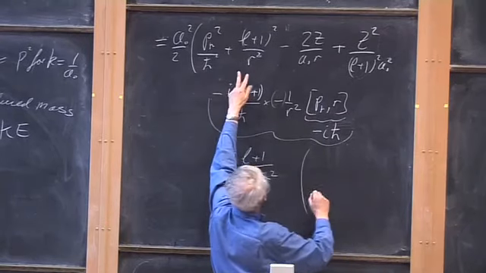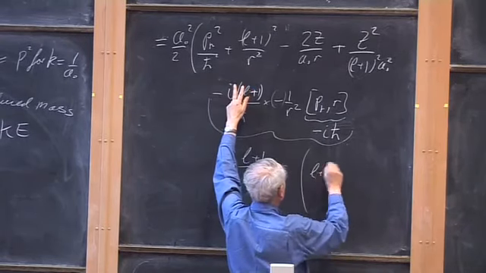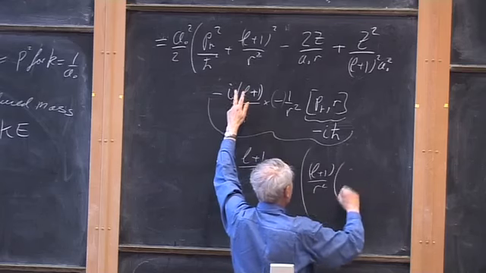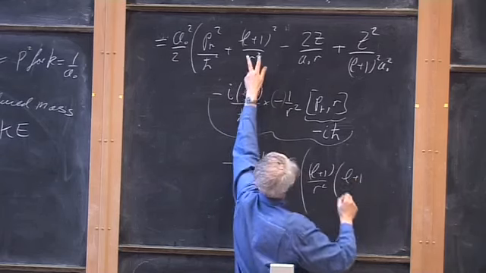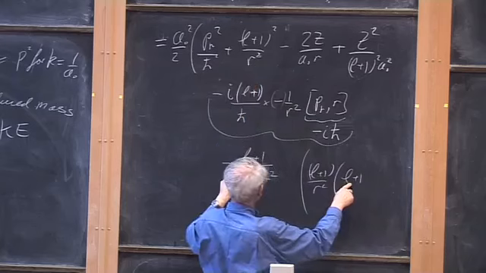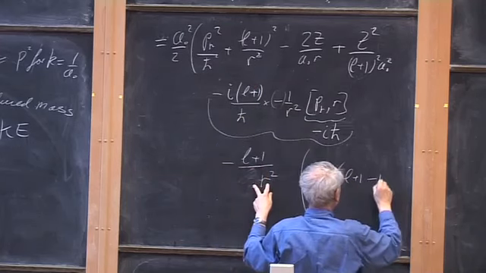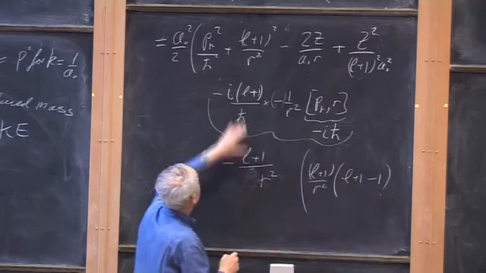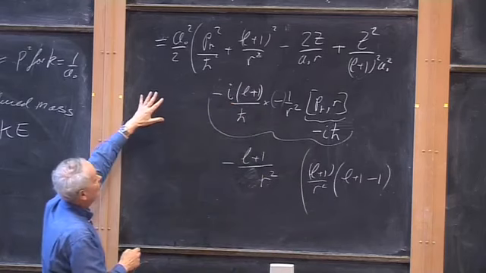So let's do this little side calculation here. We're going to have (L plus 1) over R squared, brackets, L plus 1 from up here. That's the (L plus 1) squared minus 1 times this stuff. So you can see we're going to put this, and this is going to give me an L plus 1, which is exactly what I want.